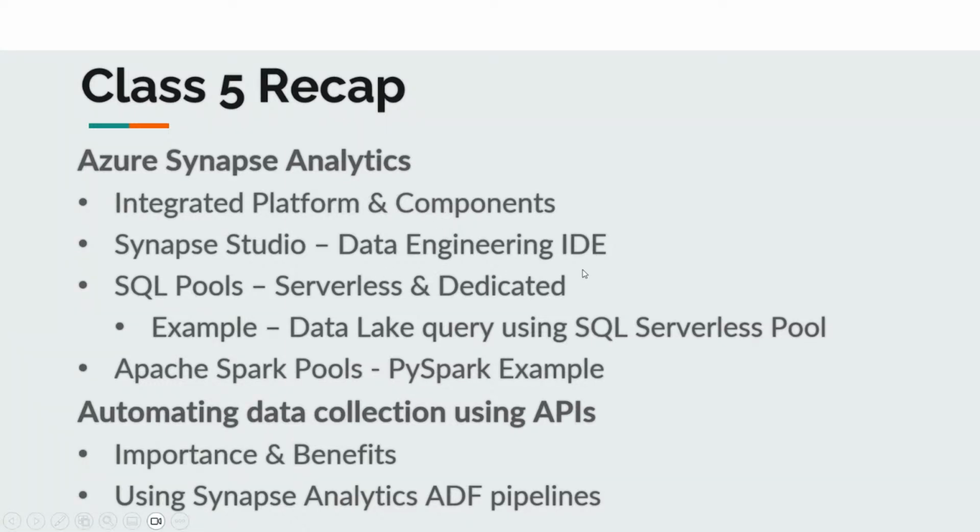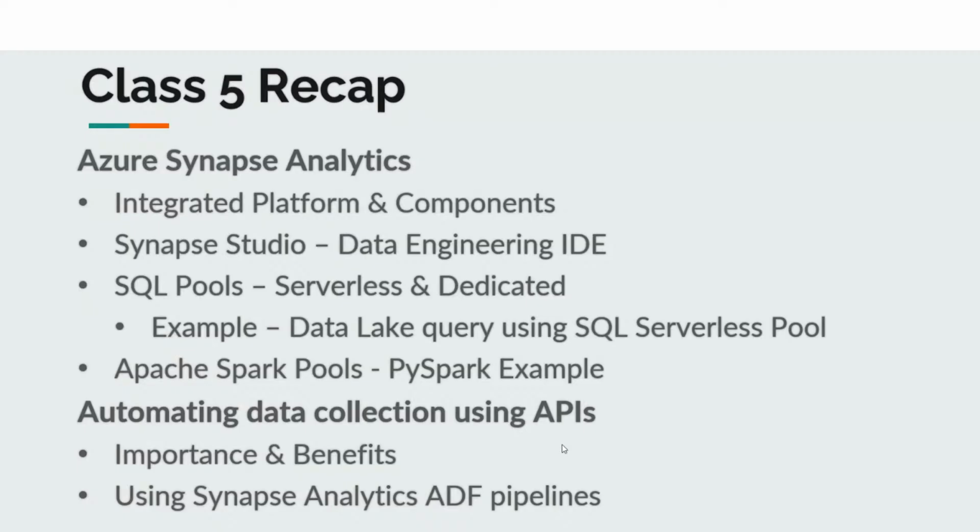It's a data engineering IDE, so not the same layout as Synapse Studio in Azure, but it has all those components that we covered. You have SQL pools, serverless and dedicated. The serverless one is for analytic purposes, and Apache Spark Pools is the same. It's also serverless.